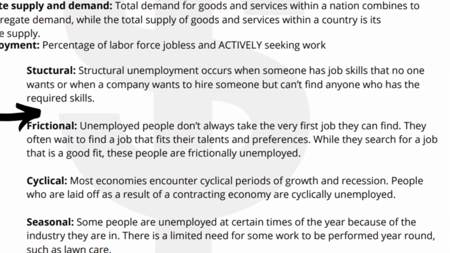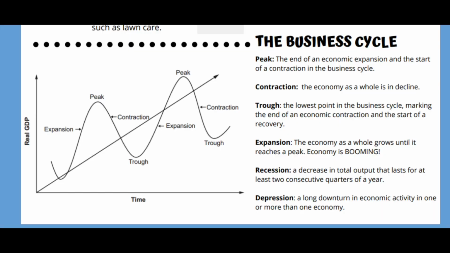Now this all ties together on our friend, the business cycle. Depending on where we are in the business cycle, if we're at a peak or an expansion phase, situations are going to be very different than if we're at a contraction or a trough. In an expansion, unemployment is going to be low and GDP is going to be high.